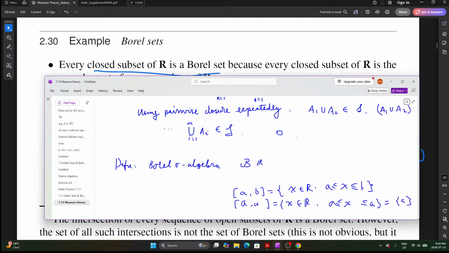So this is valid. The Borel sigma algebra is the sigma algebra generated by open sets of the reals. So that's the definition.